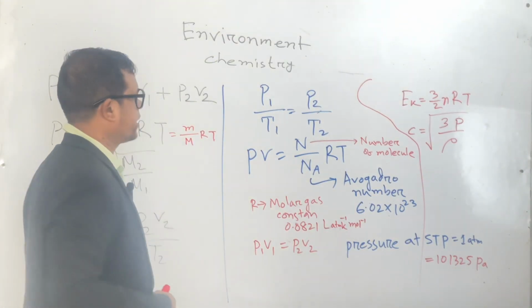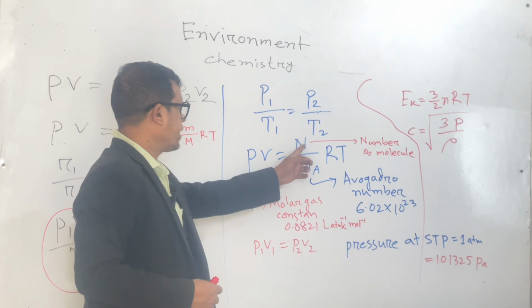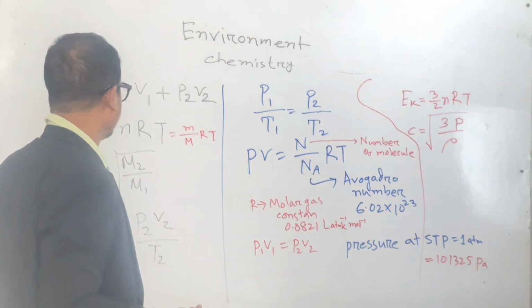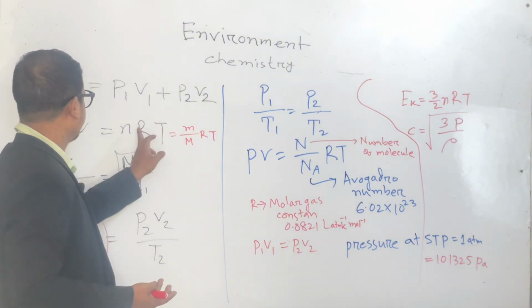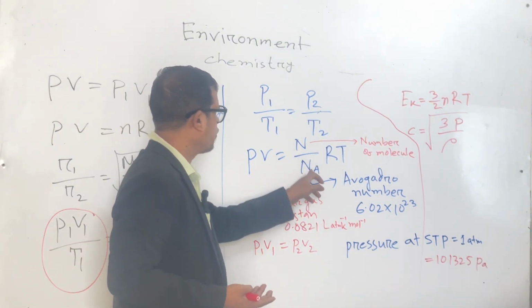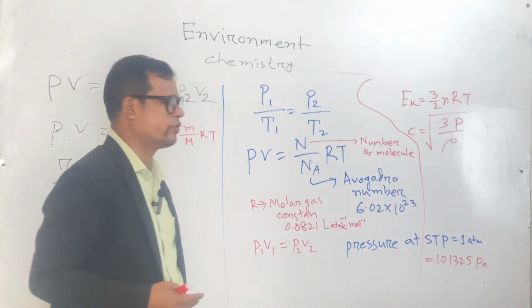Another formula: PV equal to N over N_A times RT. We have written n, but now we put the value N over N_A. N_A is the Avogadro number.